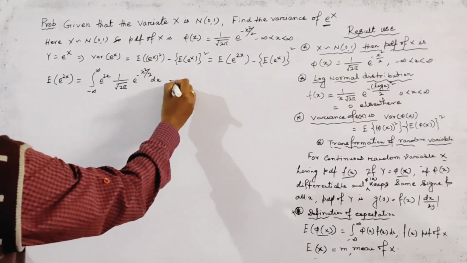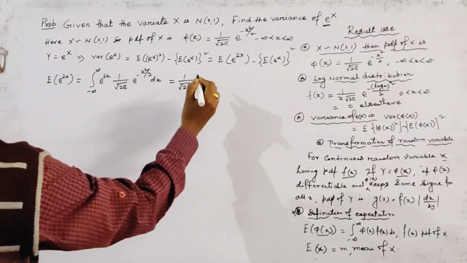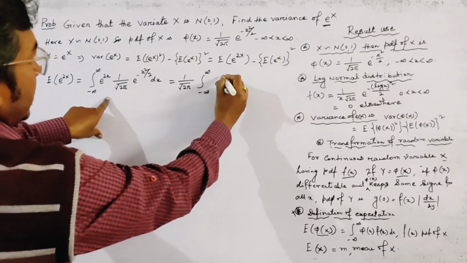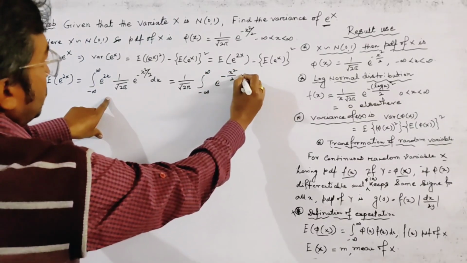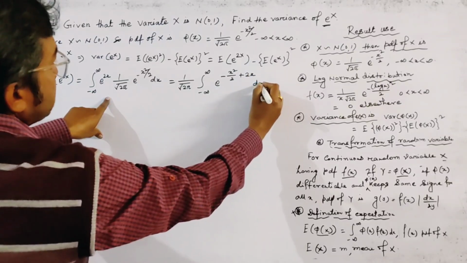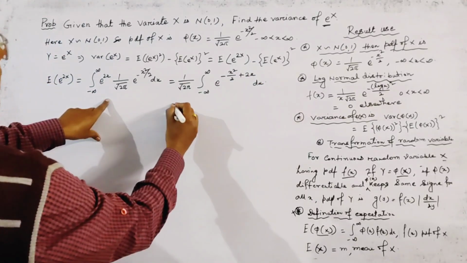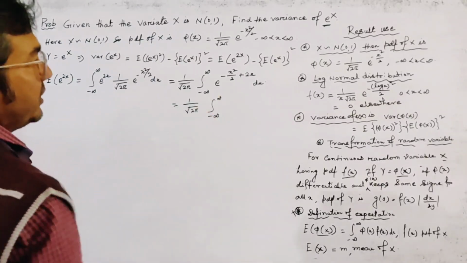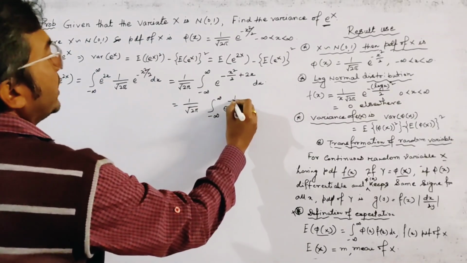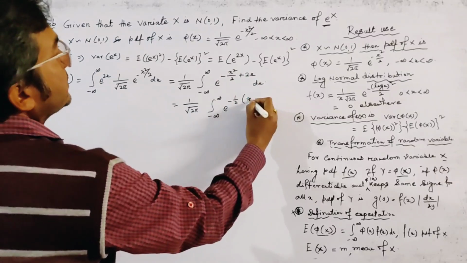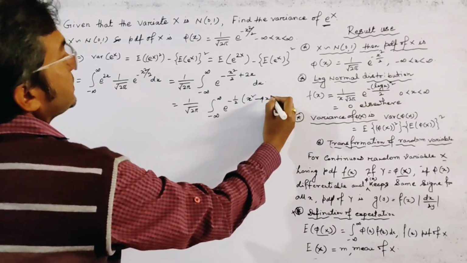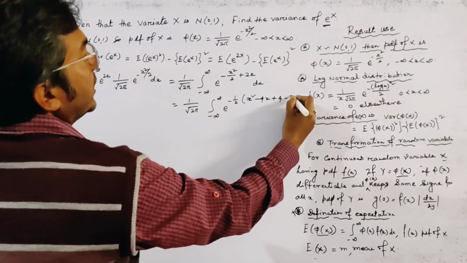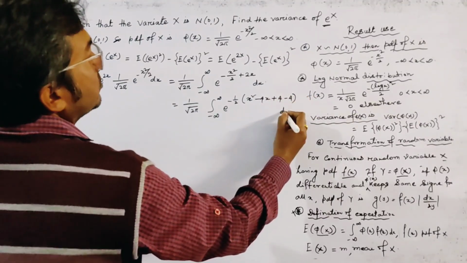Now 1 by root 2 pi into the integration from minus infinity to infinity of e to the power minus x square by 2 plus 2x dx. And this is 1 by root 2 pi integration minus infinity to infinity e to the power minus half, taking half common, x square minus 4x plus 4, and we write minus 4 to balance plus 4.